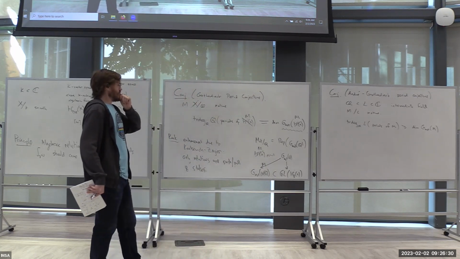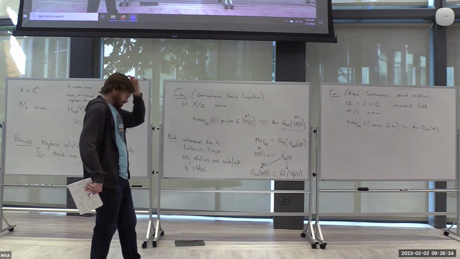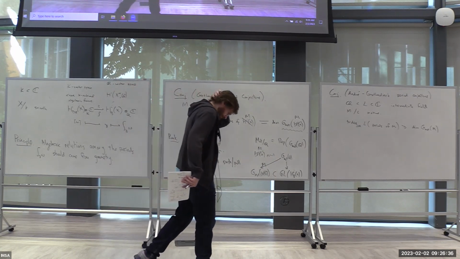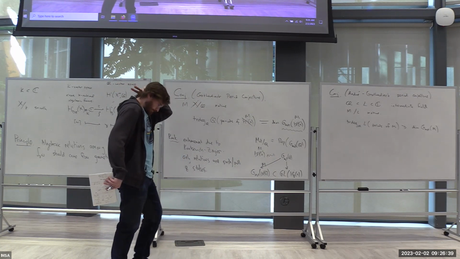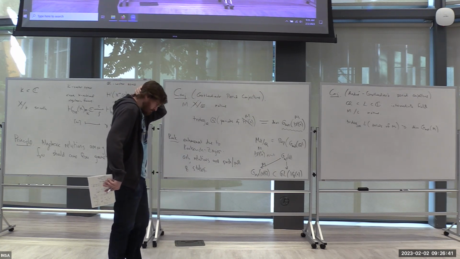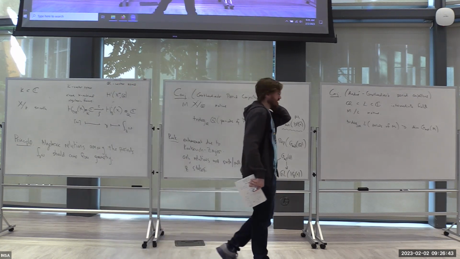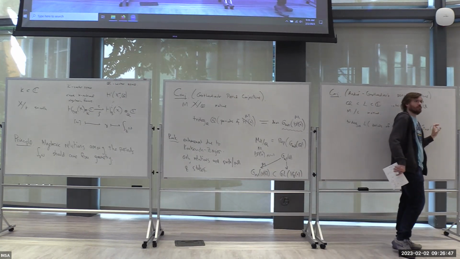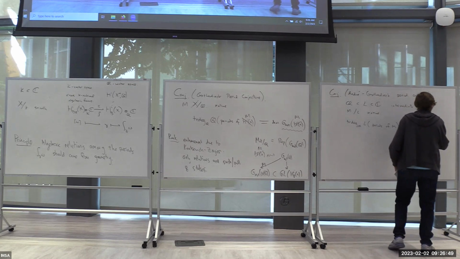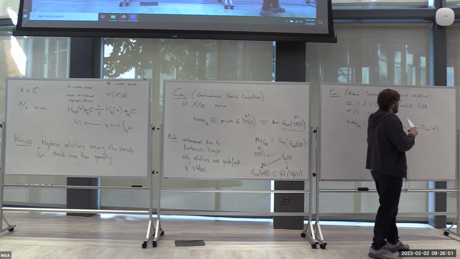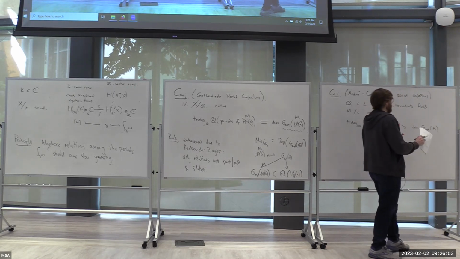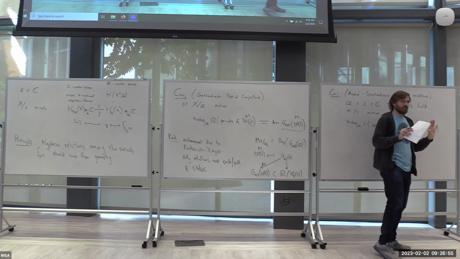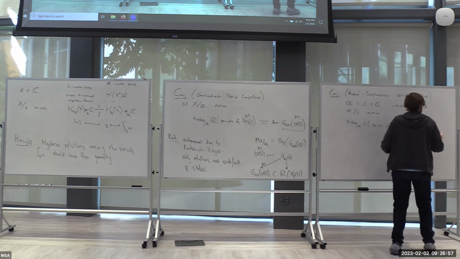Maybe. Wait a second. Maybe you're right. Maybe I do want to take the category of motives over L. I paused for a second because when I start talking about functional versions, there's a relative motivic algebra that I want to talk about. That's not what we're talking about here.